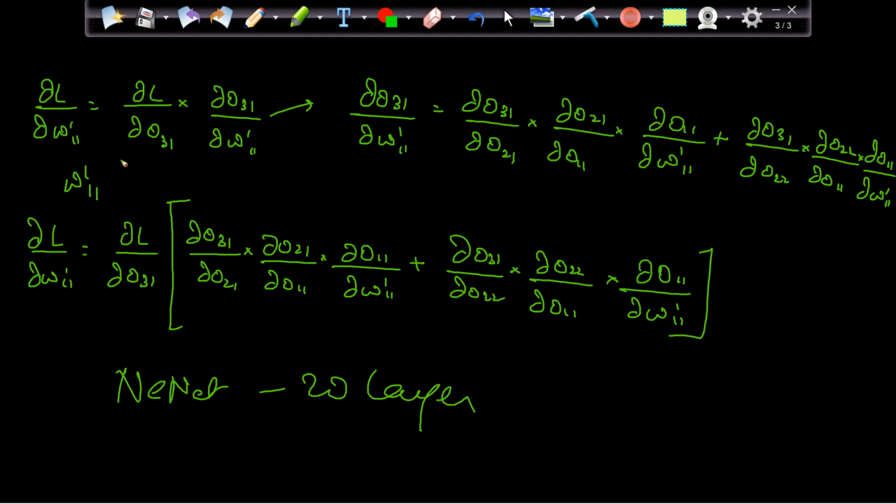But at the end, when we are calculating all these things, what happens? We have to update my weights, right? That is the whole idea: we have to update the weights. That is the reason why we are doing all these things.